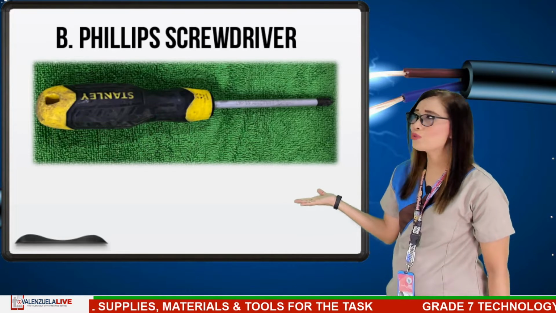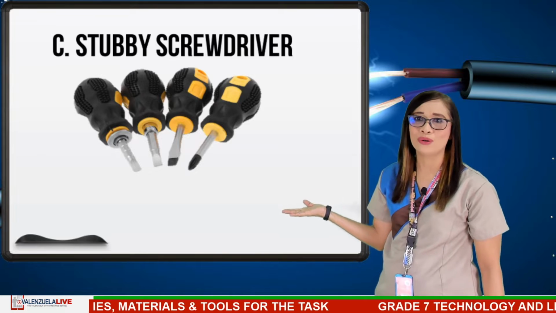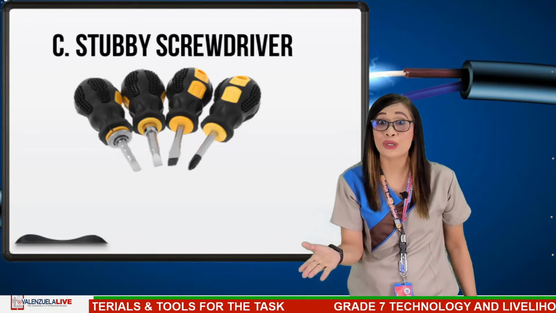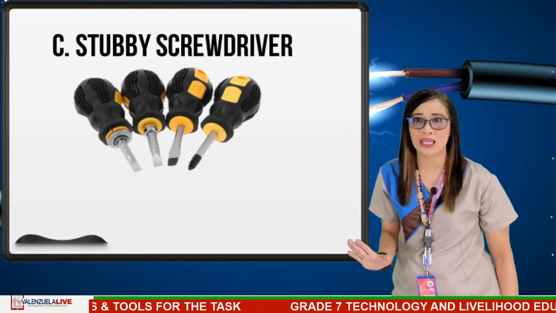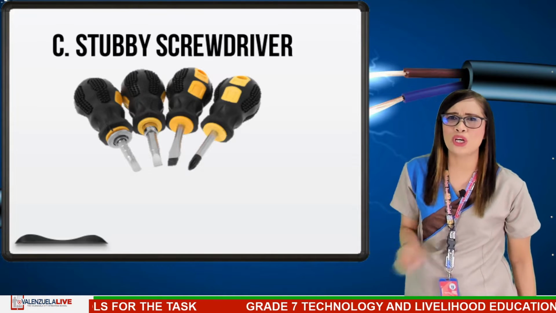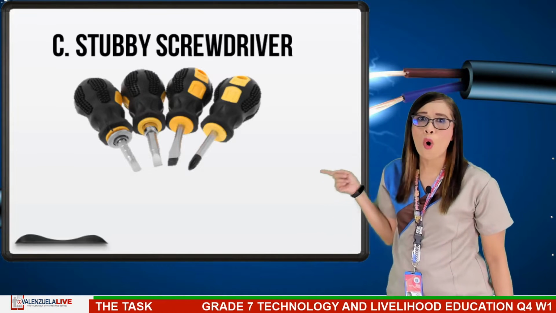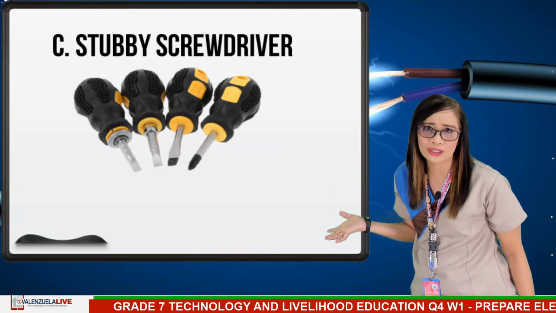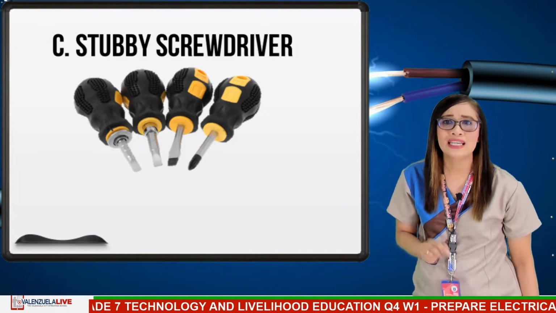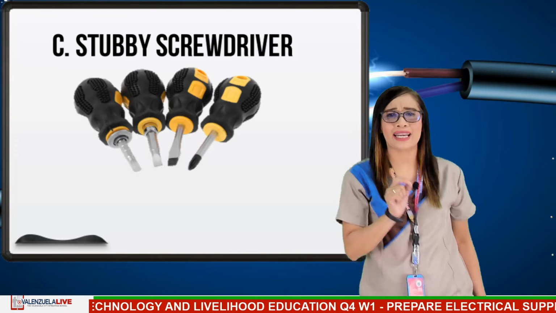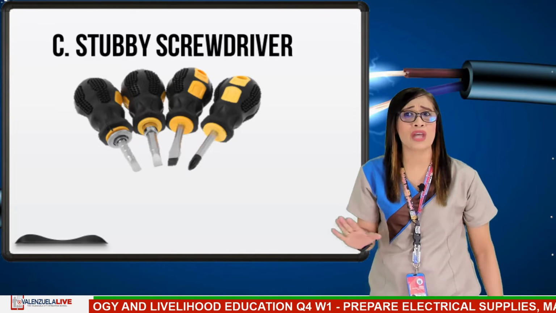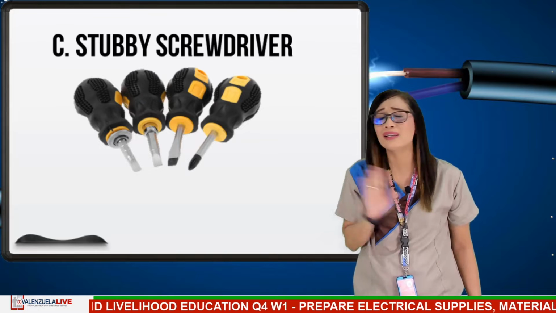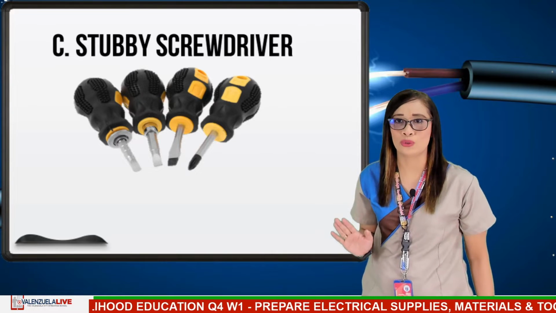Next is stubby screwdriver. It comes in either standard or Phillips, with a short shank or blade and a shortened handle, used to turn screws in tight spaces where a standard screwdriver cannot be used.